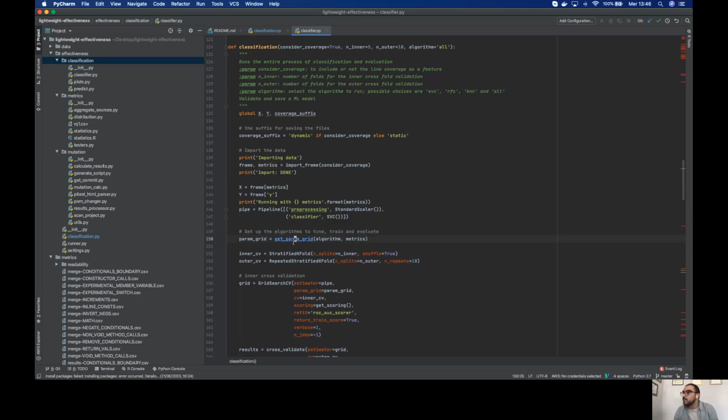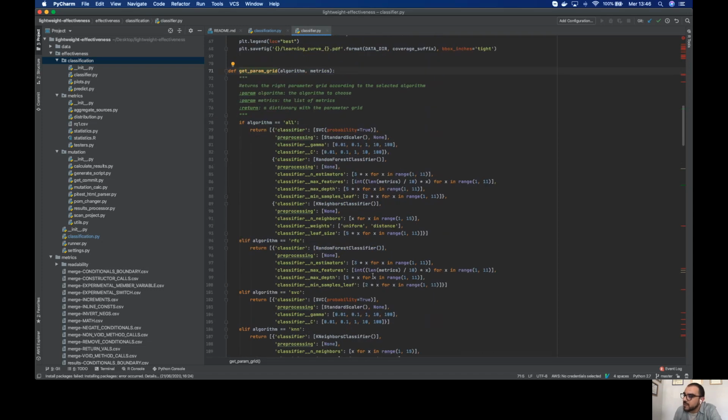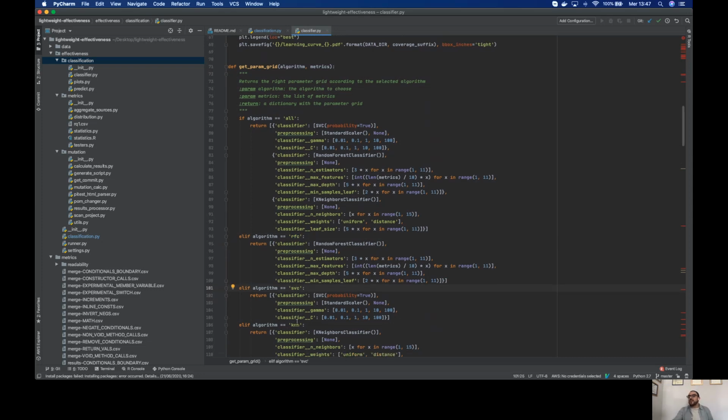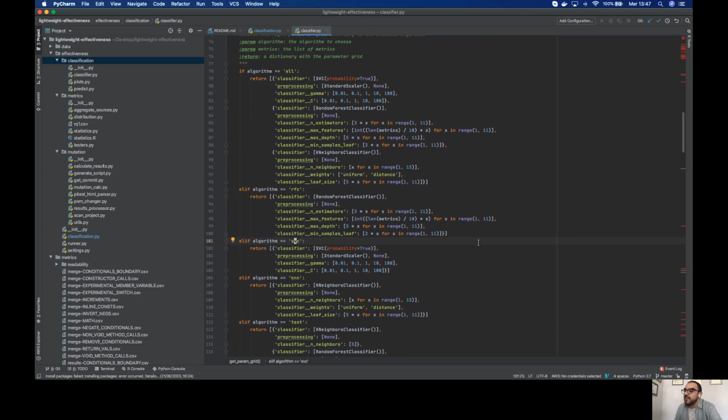And if we browse to the method, let's take this particular example, you see that based on the machine learner algorithm that we experimented with, in our case random forest, support vector machine, and k-nearest neighbor, you have different parameters, and you want to tune the parameters.